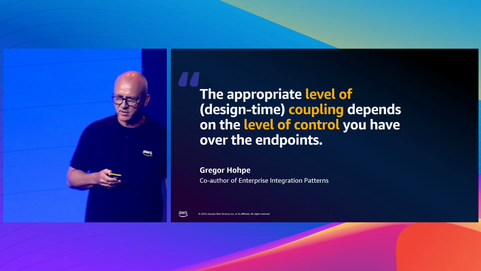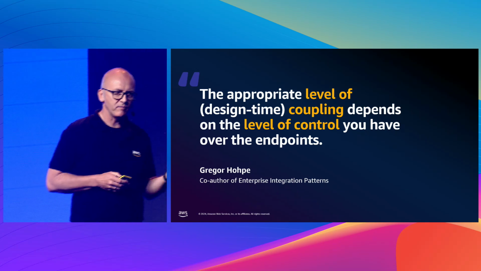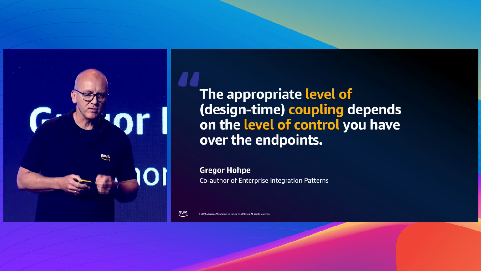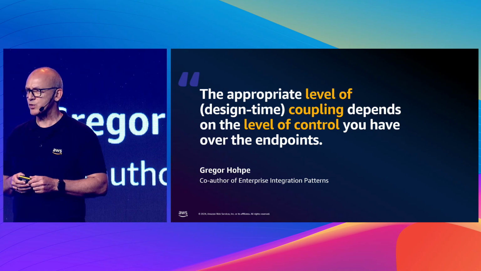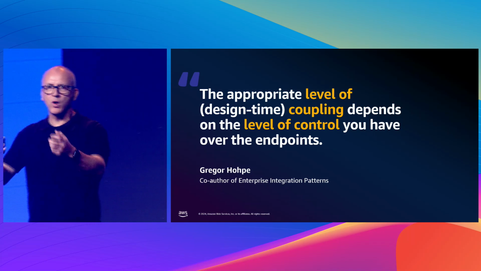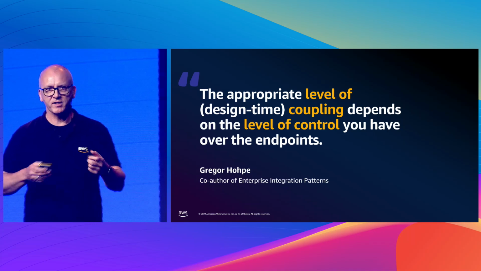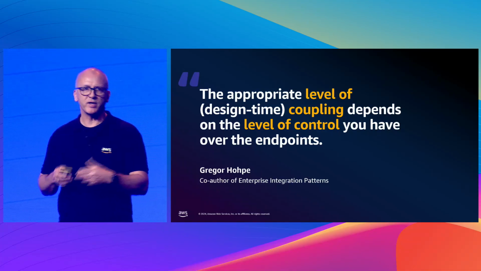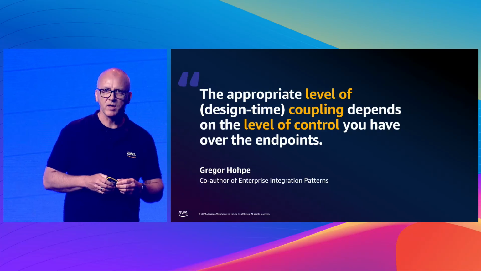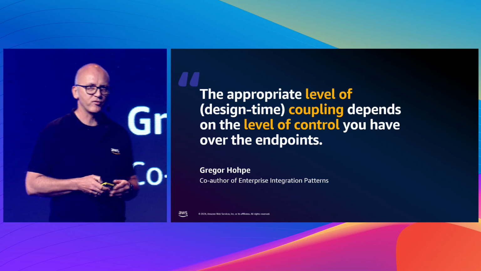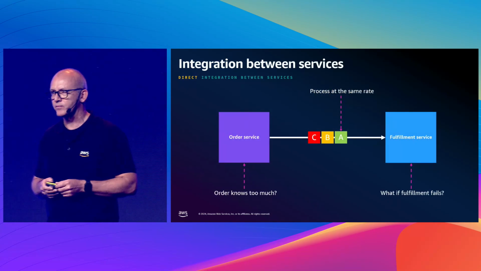And I find this insight from our colleague Gregor quite helpful, which is the appropriate level of design time coupling depends on the level of control you have over the endpoints. If you want to integrate two services that you own, you can afford more design time coupling between those two systems than if you need to integrate with a third-party system, like an external payment service provider, where you probably have no control over the endpoint whatsoever.